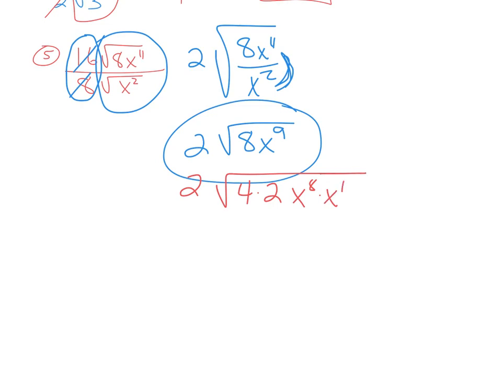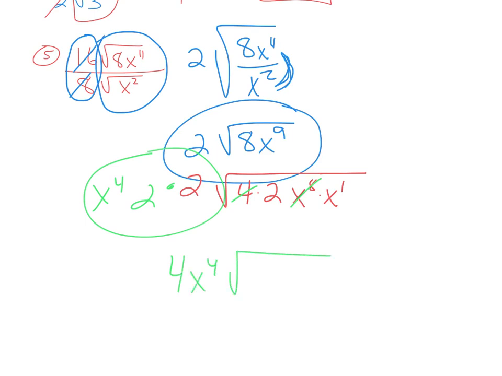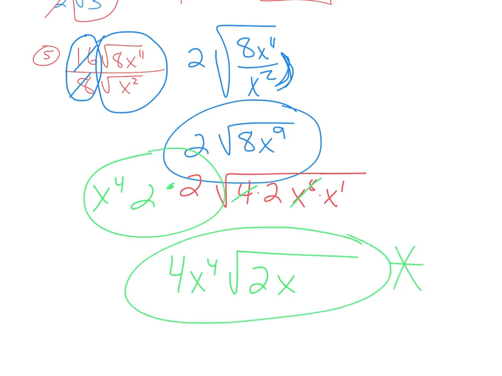Remember this part? And therefore, I can take that out, times 2, take that out, x to the 4th. So I have 4x to the 4th and 2x on the inside. That is my final answer.